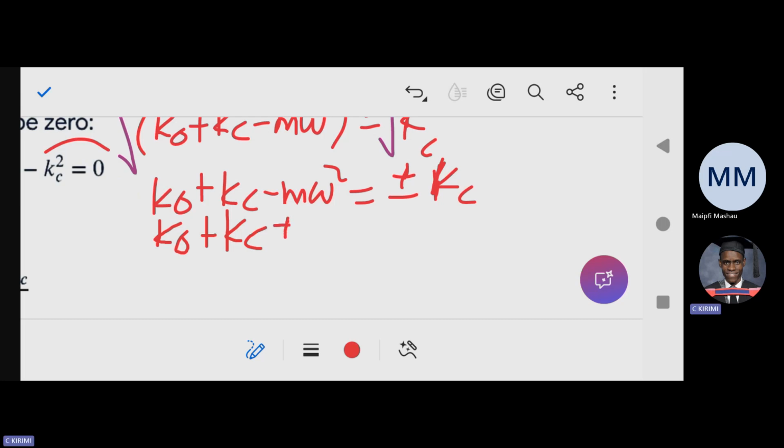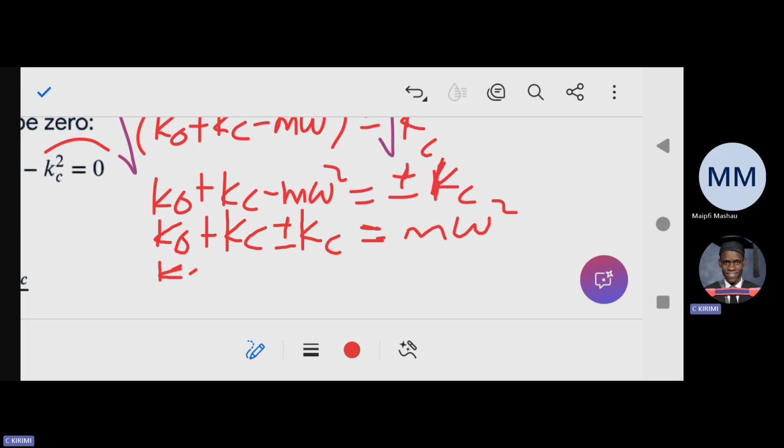So here you can still put plus or minus Kc, and then the m omega, push it to the other side, you just save time of dividing. Then now you want to be left with omega only, which means I'm going to divide by what? By m.